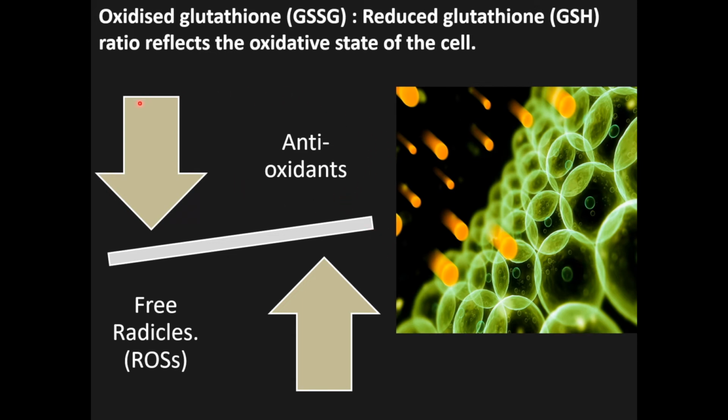This condition, decreased antioxidants and increased free radical production, leads to cellular oxidative stress, and the ratio of oxidized glutathione to reduced glutathione increases in oxidative stress. But whenever the situation starts to normalize, the ratio of GSSG to GSH starts to decrease.